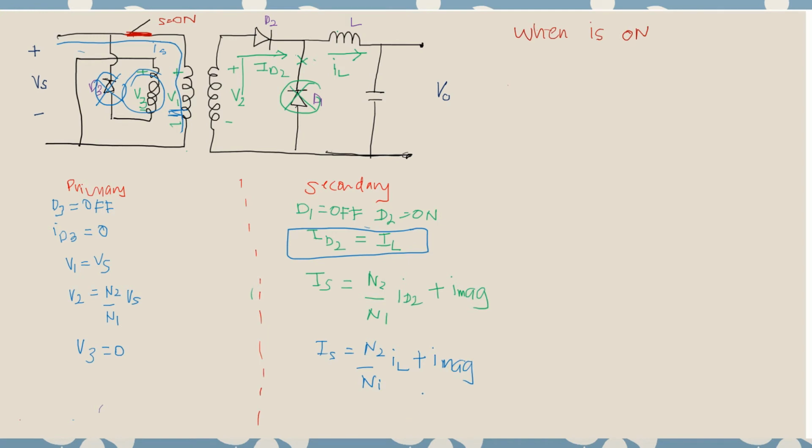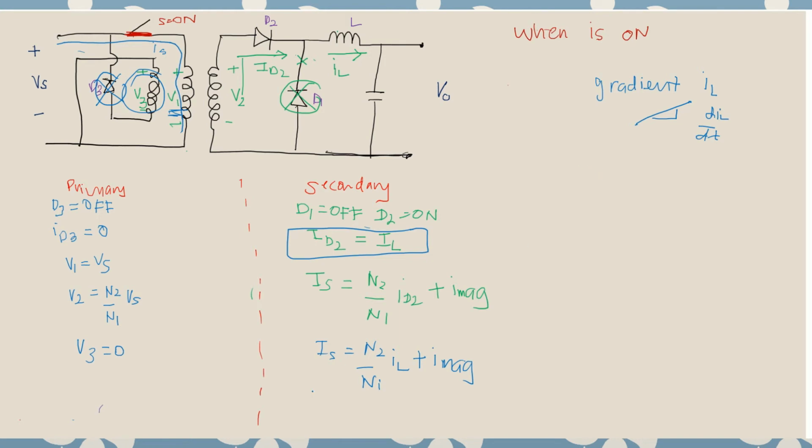This formula is important, because later we're going to draw the waveform, so it's important to know the gradient. The gradient of IL, you know, is from this point to this point. So we call it dIL over dt.